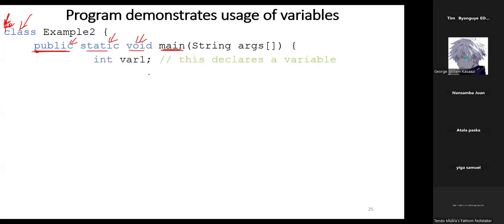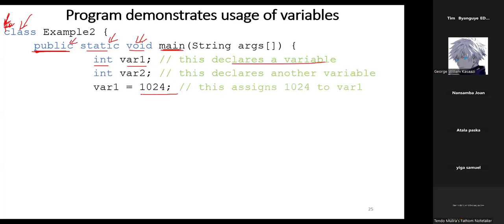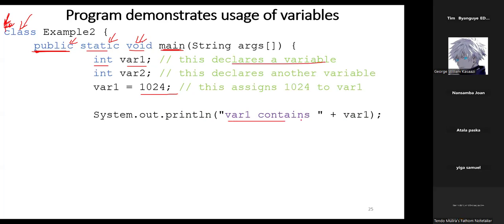Then inside here, you can create a variable. So int var1, we are declaring an integer variable. Another integer variable, we are initializing it with a value, and then we come and print out the information on the screen. So this is how we use the concatenation. What is here is a variable, and we're saying var1 contains, there's a space there, plus var1.